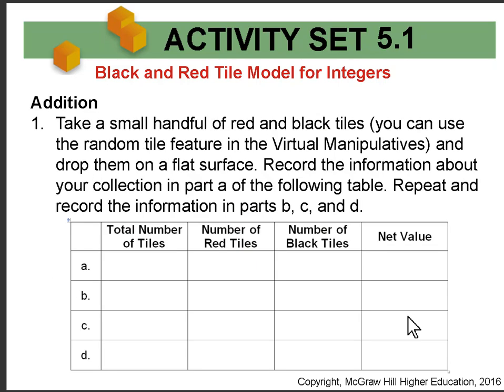In question 1, we look at addition, and then we fill out a table. We're interested in the total number of tiles, the total number of red, the total number of black, and the net value of our collection. You can take your black and red tiles or any 2 colored markers that you have, or the virtual manipulatives, and make a random collection.